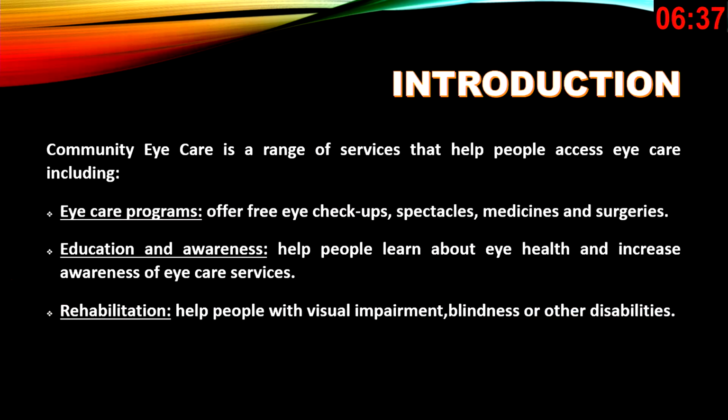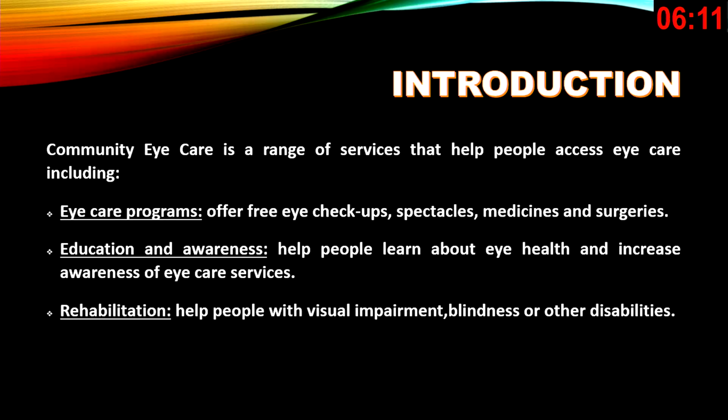Community eye care is a range of services which help people to access eye care. It includes eye care programs. These things have been discussed in detail in earlier presentations, so I would like to just summarize. These eye care programs offer free eye checkups, spectacles, medicines and surgeries, and they also educate the people, and there is an increase in the awareness of eye care services.